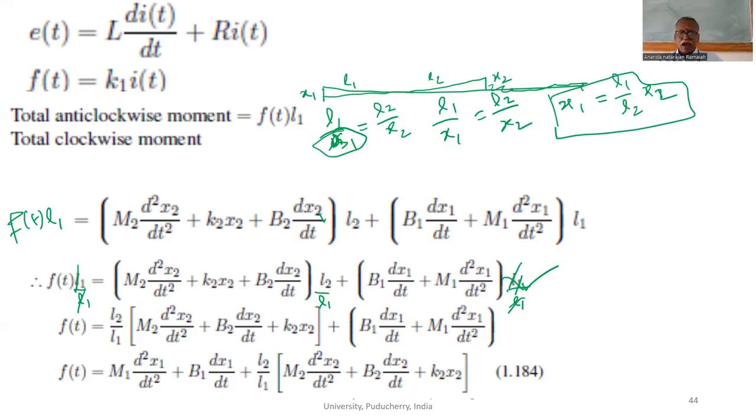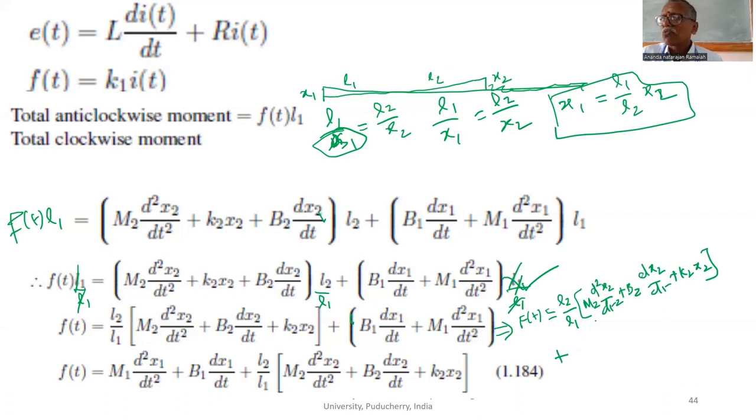Now we can write this equation as f(t) equals L2 upon L1 times M2 d²x2/dt² plus B2 dx2/dt plus K2 x2, plus, we can replace x1 by L1 by L2.